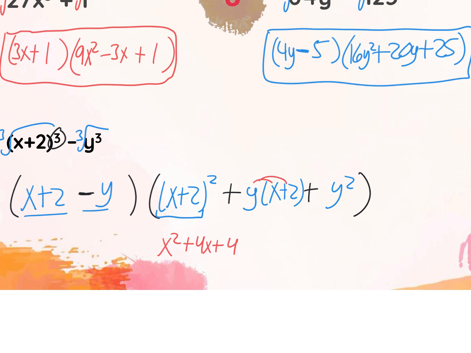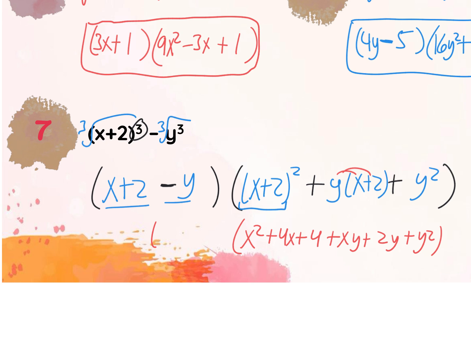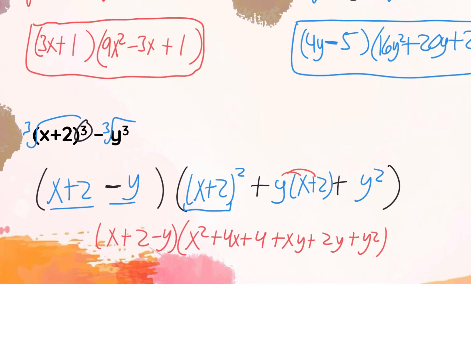The second one, I can distribute that y, so this is going to get us a plus xy plus 2y, and then a plus y squared. And then that looks like as much as we can do to it. All right. So we get something like this as our final answer. Looks like there's no like terms to combine, so I can leave it like this.